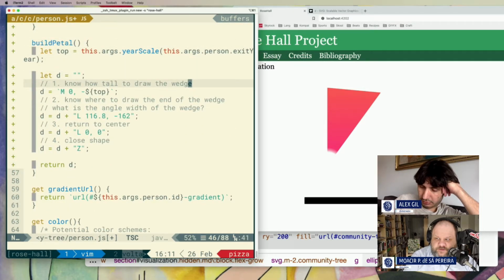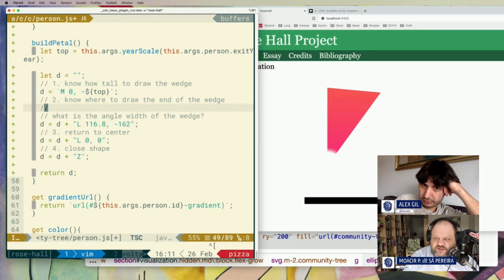Hold on a sec. Okay. What is the angle width of the wedge? It is 2 pi divided by 10.